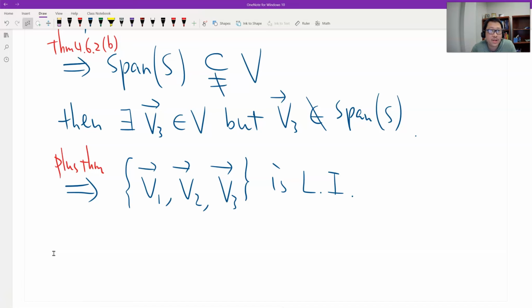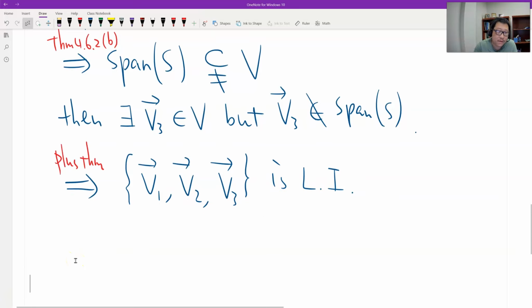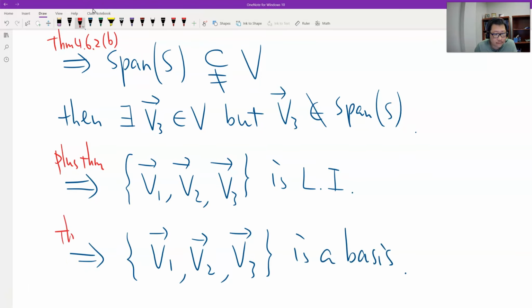V1, V2, V3 should be a basis, because the dimension is 3, and here we have 3 vectors that are also linearly independent. By the theorem 4.6.4, V1, V2, V3 is a basis. So we definitely grow into a basis, and that's the proof. Thank you.